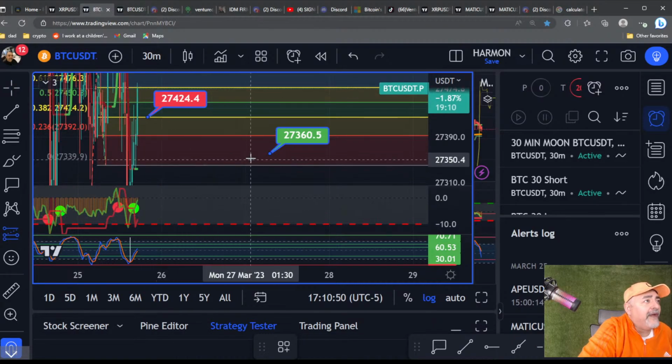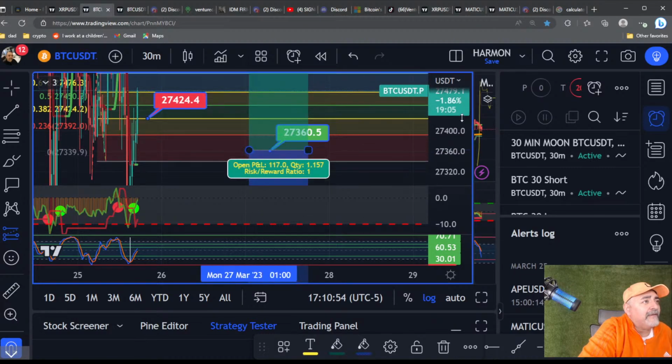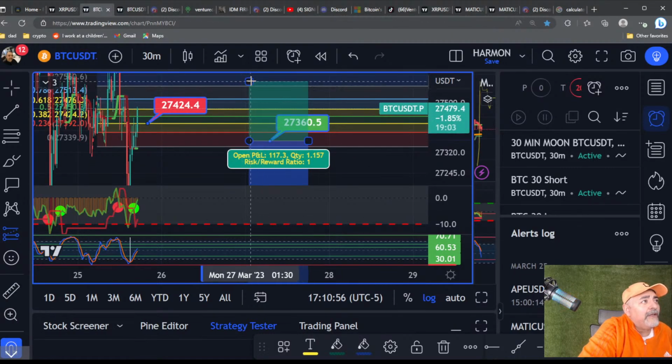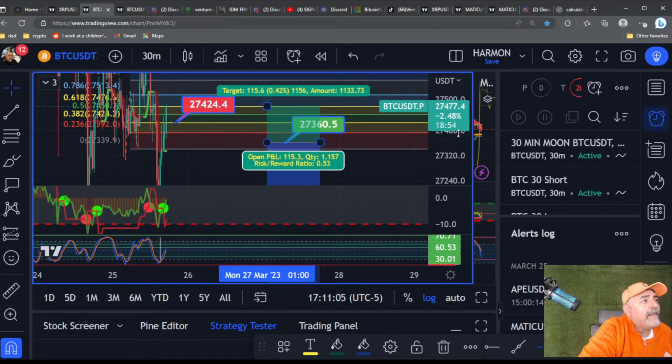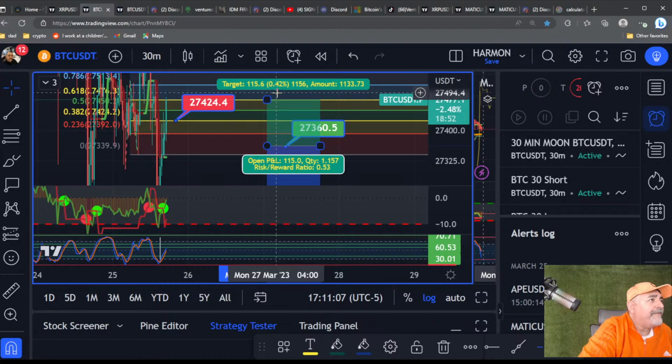Okay, long position. You got in at 27,360. You are currently at 0.42.